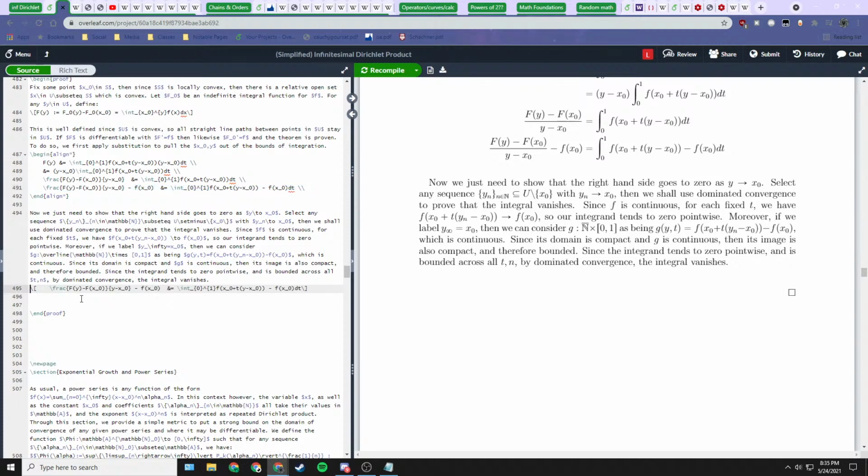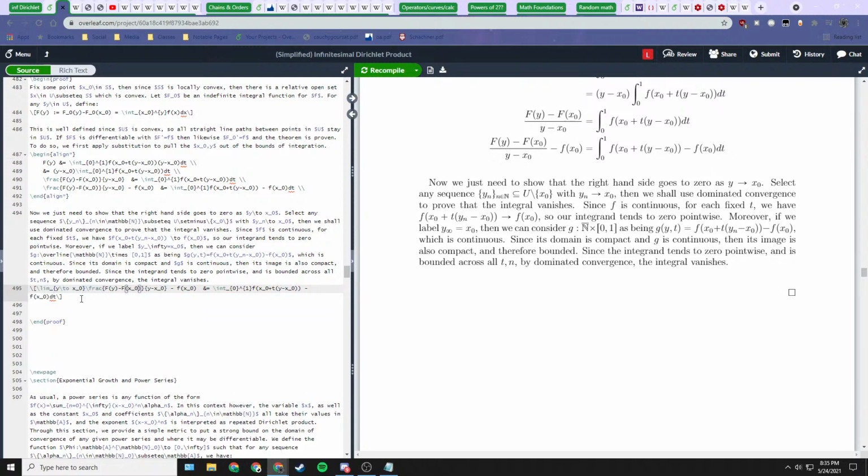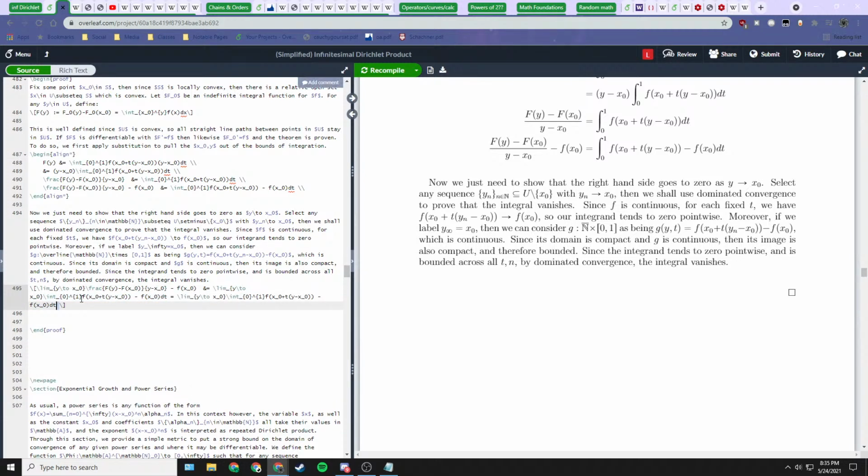Let's say this limit as y goes to x0 of this fraction is equal to this limit of that, which is... actually, I could probably do this a little better.